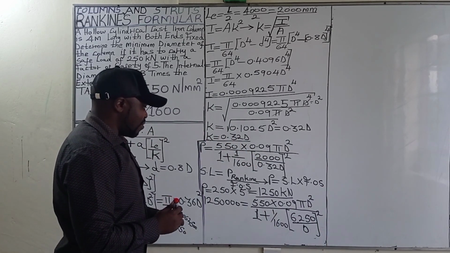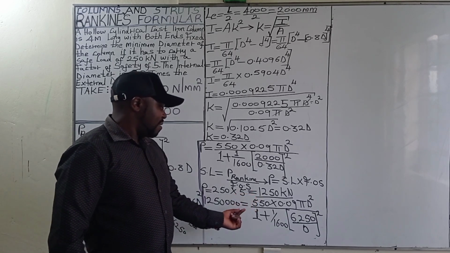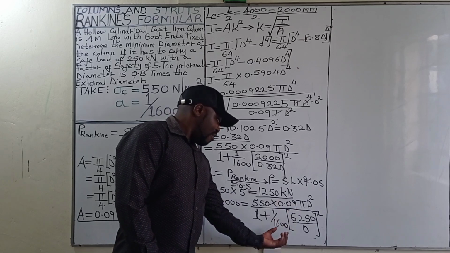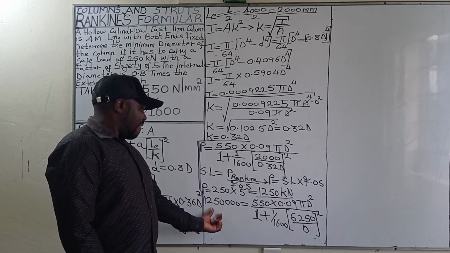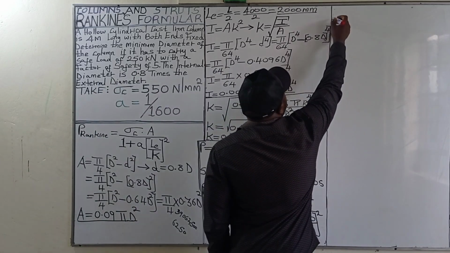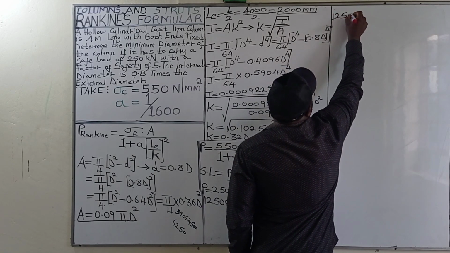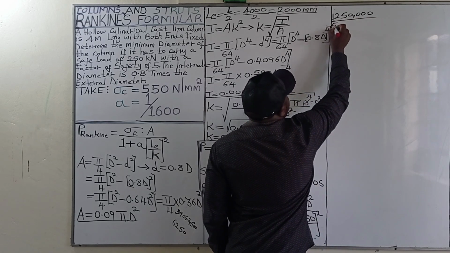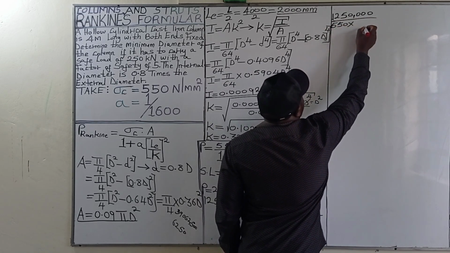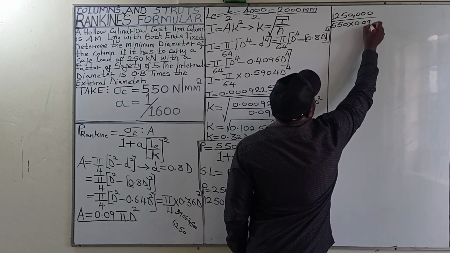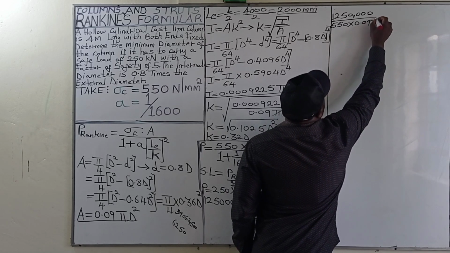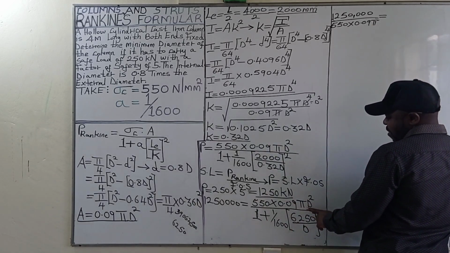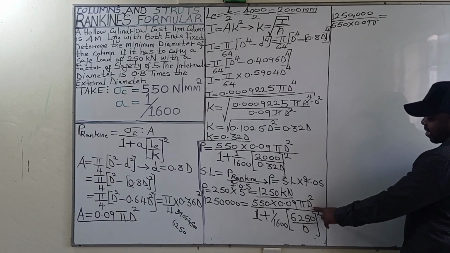So what we are going to do, we are going to divide both sides by 550 times 0.09 pi. So on this side they are going to cancel out, but on the left hand side we are going to have 1250,000 divided by 550 times 0.09 pi being equal to, we are going to remain here with d squared.